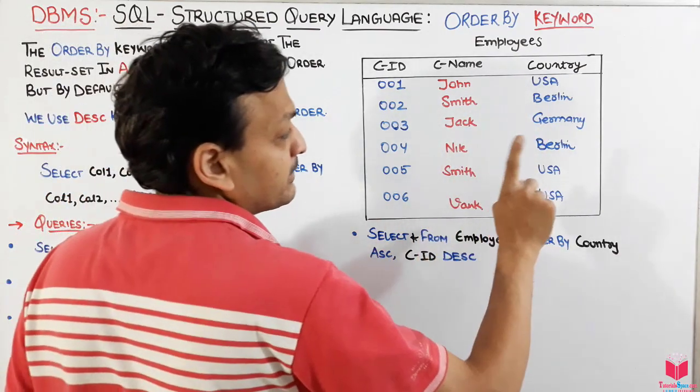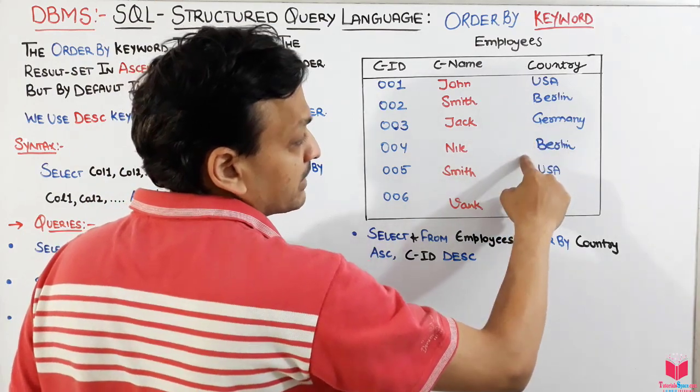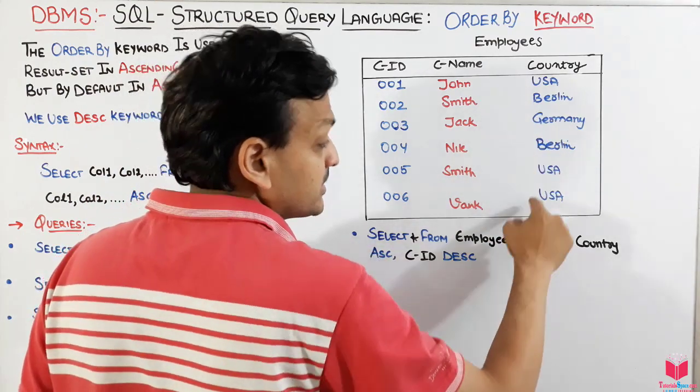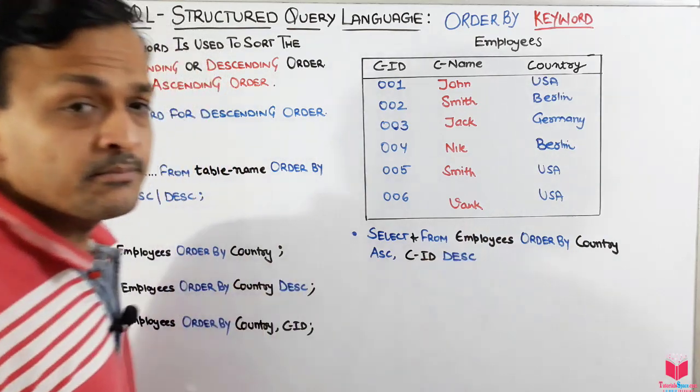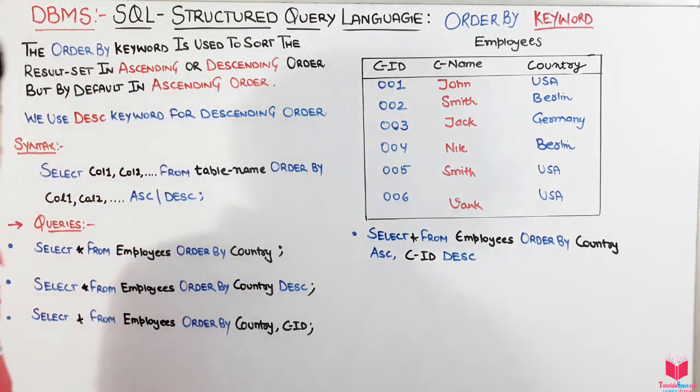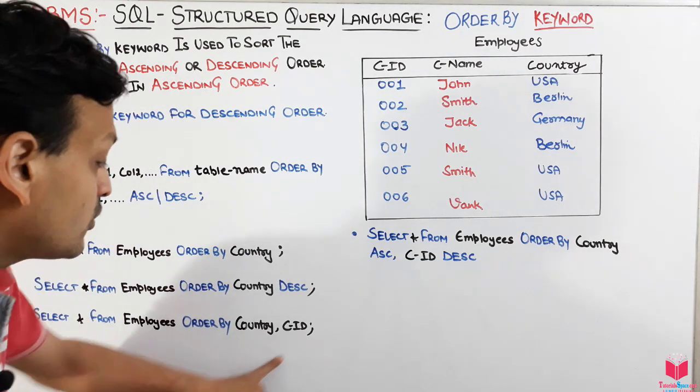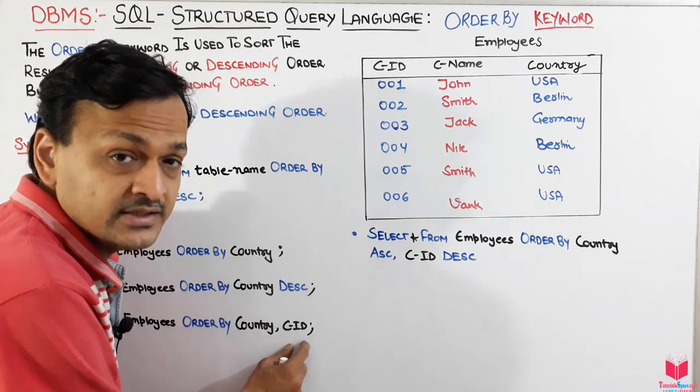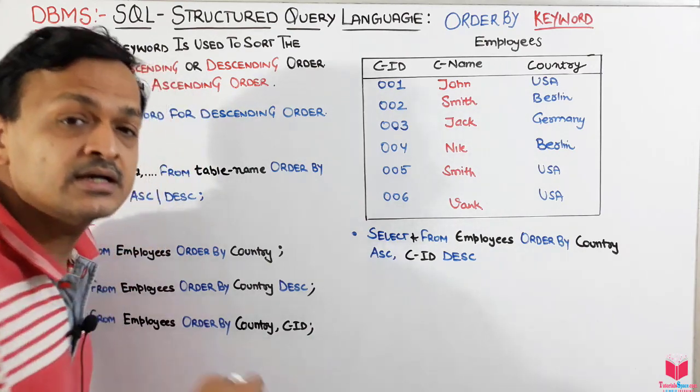So first comes Berlin, then Germany, then USA. But after sorting, if you find any redundant value, it will sort that redundant value on the basis of CID in ascending order.